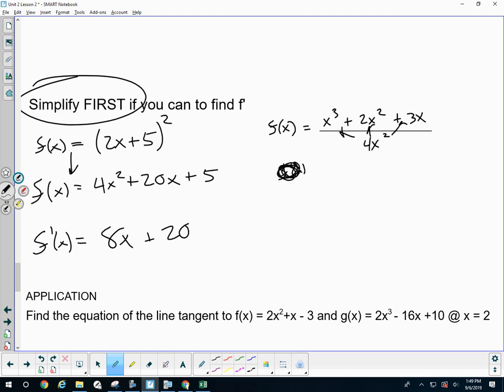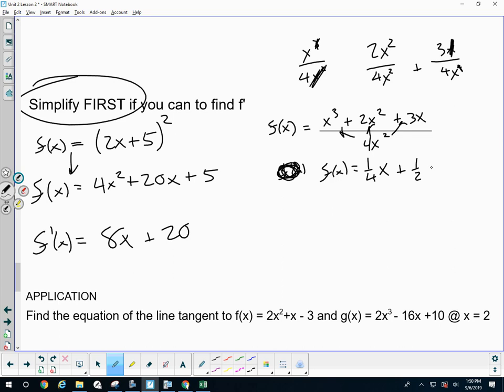Oops, sorry. So before f prime, I'm going to rewrite f. When I divide x cubed by 4x squared, 2 of the x's cancel. I'm left with 1/4 x. When I divide 2x squared by 4x squared, I just get a half. When I divide 3x by 4x squared, 1 of the x's cancel.